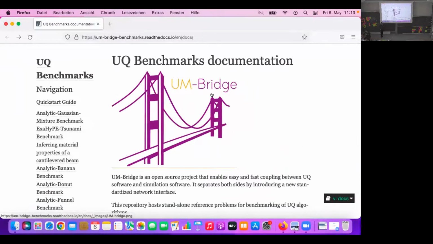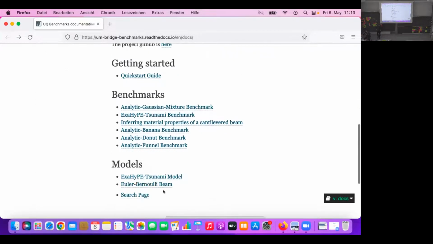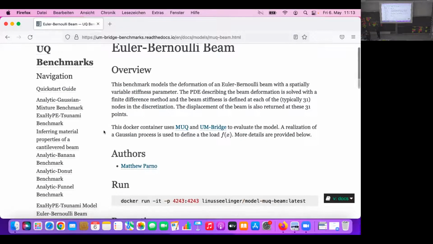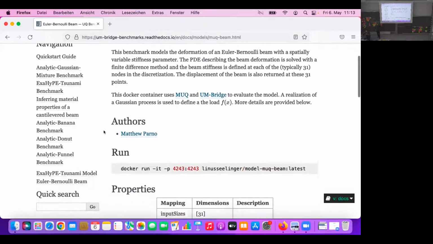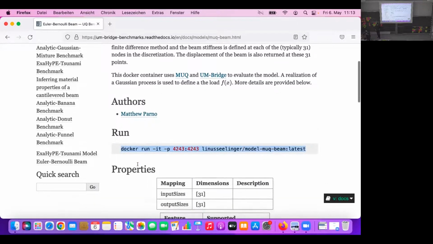So basically, there's this nice logo that Anna Reinertz came up with, and we have so far 2 documented models. There are a couple of other ones work in progress. For example, there's this cantilever type beam model that Matthew Parner wrote. We always have documentation on how to actually run the benchmark.